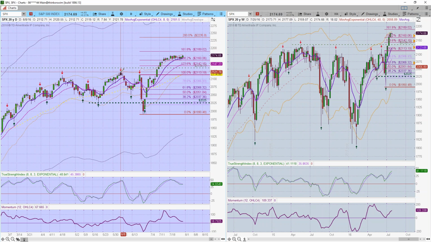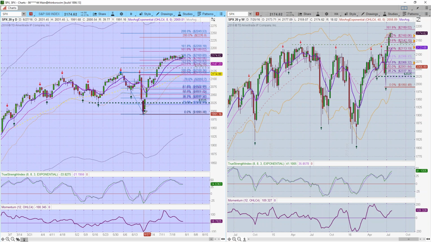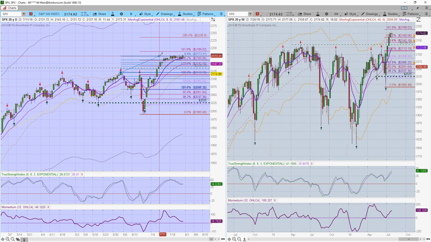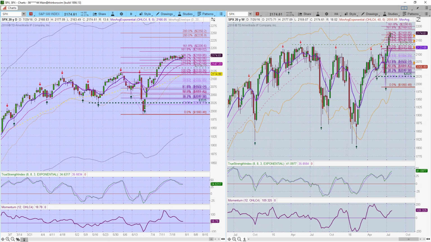If we take that same extension from this swing high down to this area, that pulls us all the way up to the 2250 level that we were speaking about earlier.